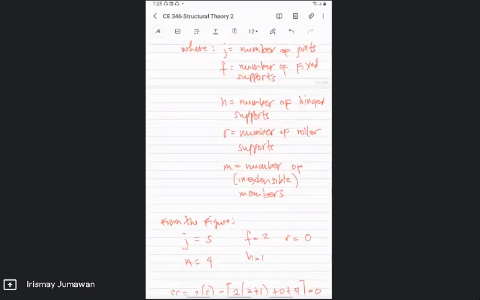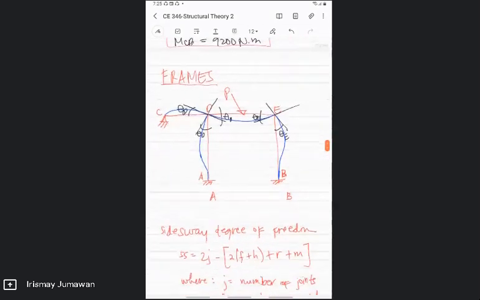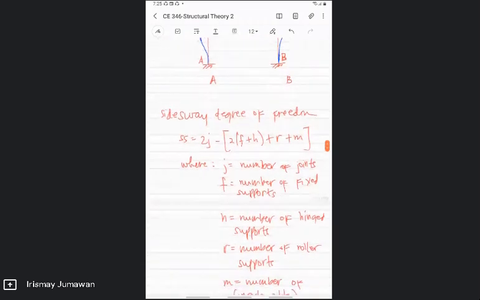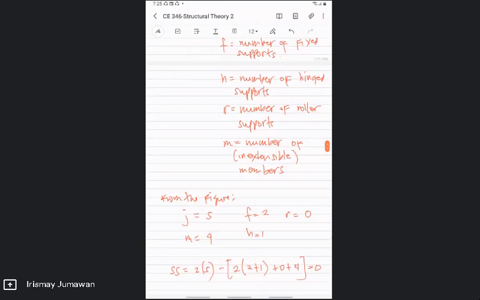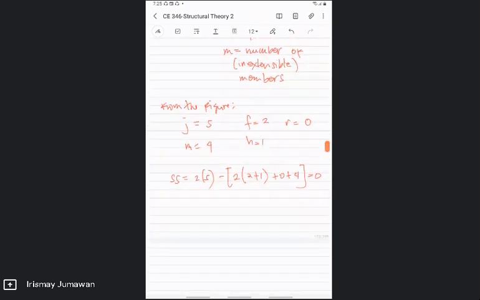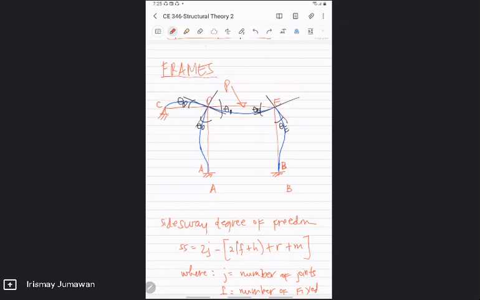Okay, so here, looking back at our figure, by checking the side sway degree of freedom, you have computed that it is equal to 0. So it means if the side sway degree of freedom is equal to 0, that frame can be analyzed without side sway.